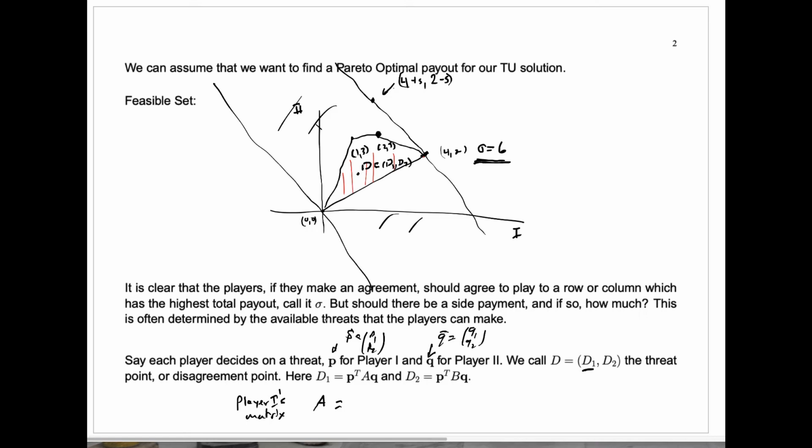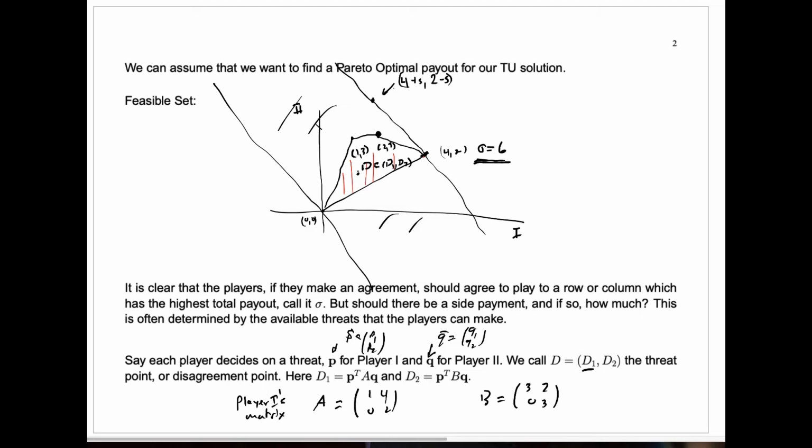Well, in this situation, that's just the matrix 1, 4, 0, 2. And B is the matrix for player 2's game. And for this particular example, you remember here these points. B is the matrix 3, 2, 0, 3. So we compute D1 and D2, and we get this threat point or disagreement point.